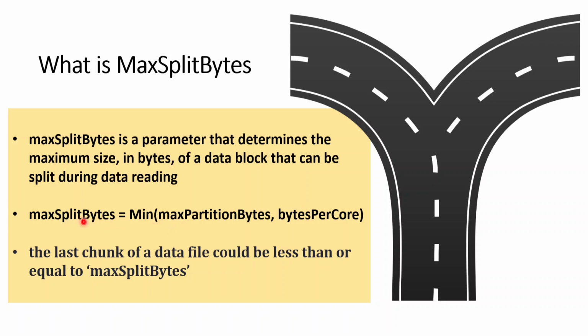Then it will start logically splitting the Parquet file into 100 megabytes. Then the executor can consume those 100 megabyte logical divisions in parallel. That will be converted into physical partitions within the Spark environment. Hope you understood.